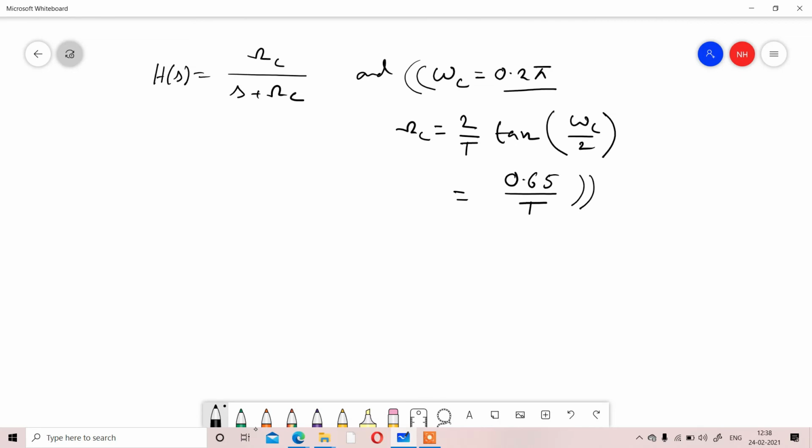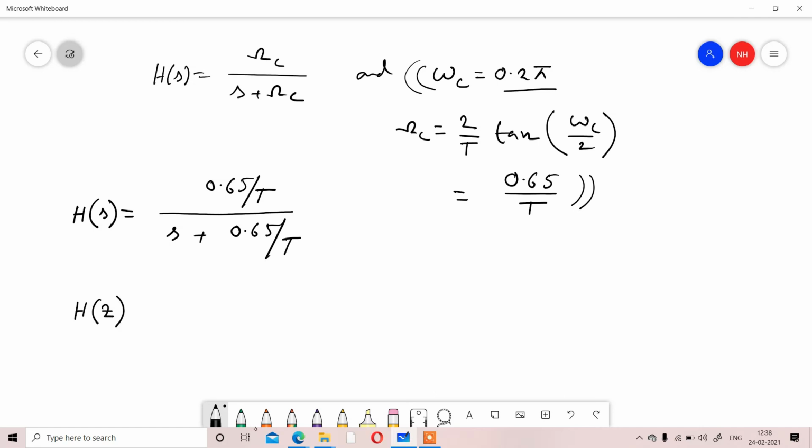Now from that analog omega c, you are redesigning the characteristic equation, or simply the analog transfer function: 0.65 by T over s plus 0.65 by T. Now you are converting that analog transfer function into a digital transfer function by the bilinear transformation method, because it is mentioned that you have to use the bilinear transformation method.